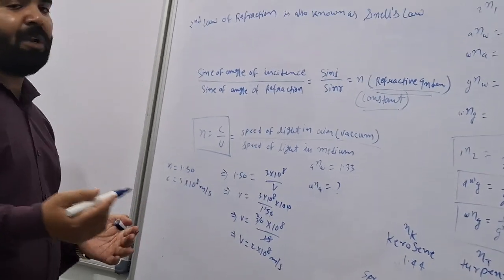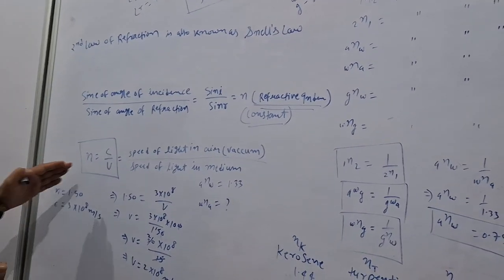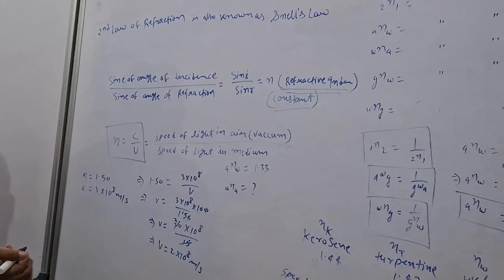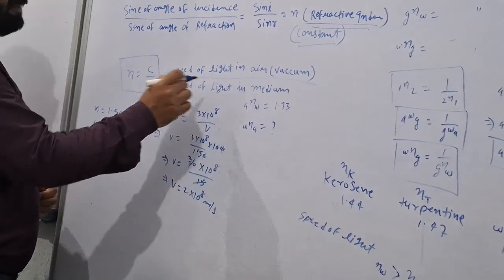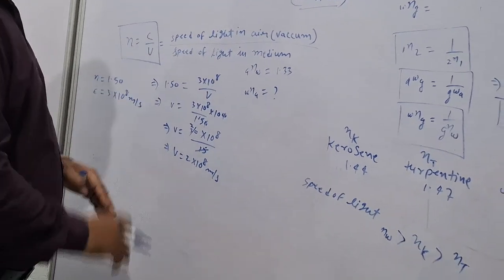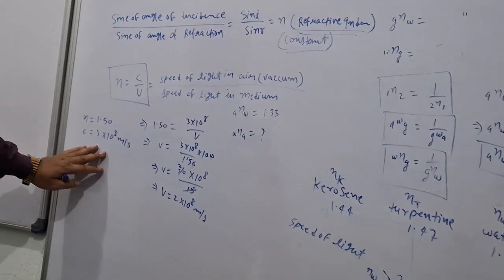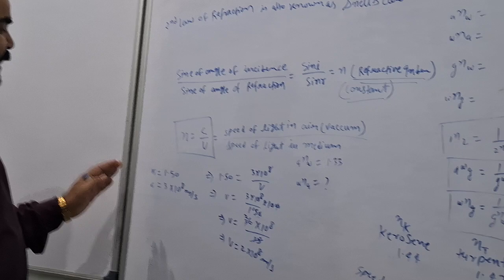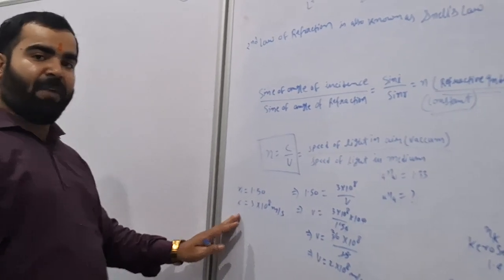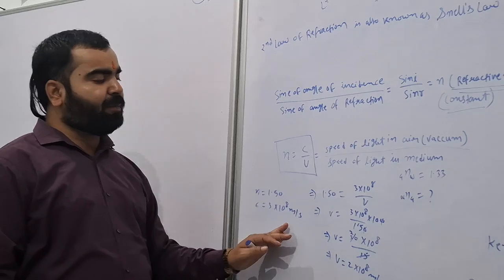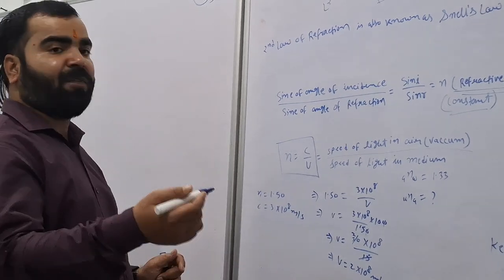There is another formula for finding the refractive index, that is n is equal to c by v. What is c? Speed of light in air or vacuum, divided by speed of light in medium. There was a question that if the refractive index of any medium is 1.50 and speed of light is 3 into 10 to the 8 meter per second, what would be the speed of light in medium?